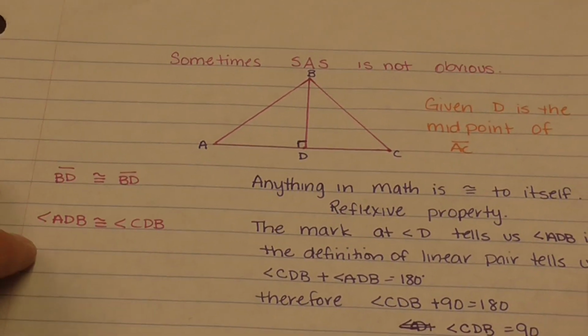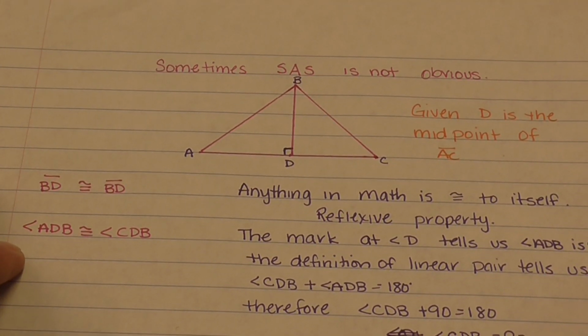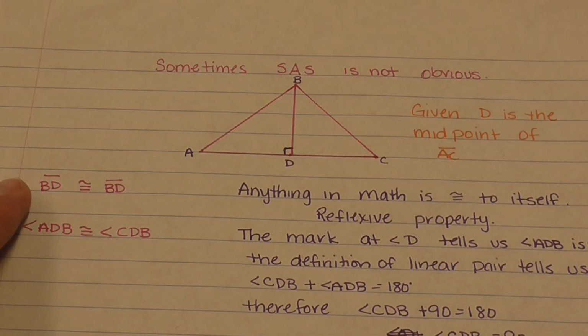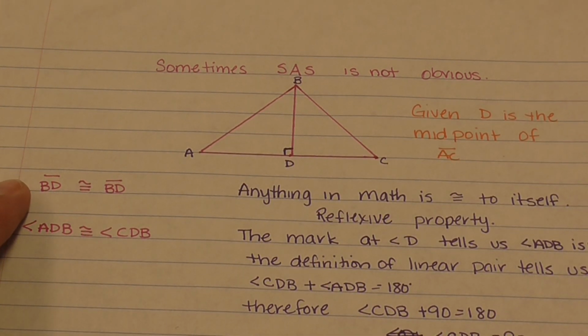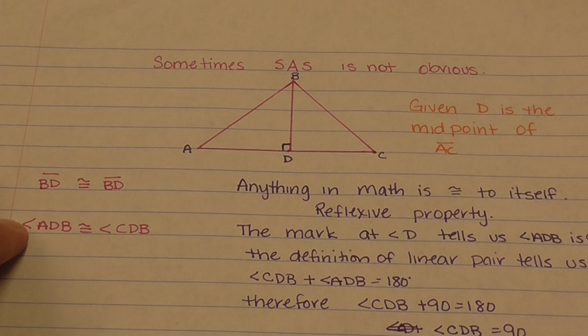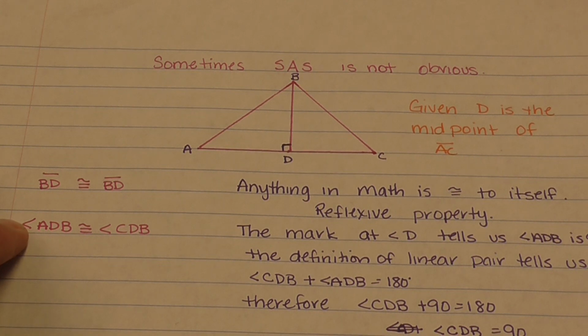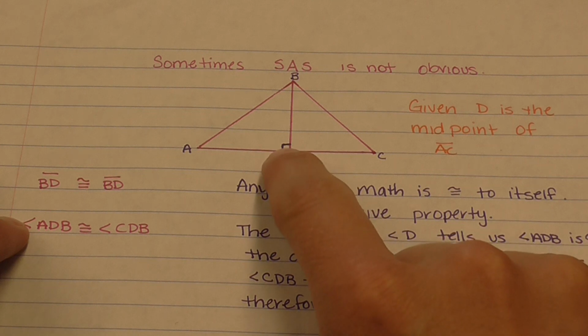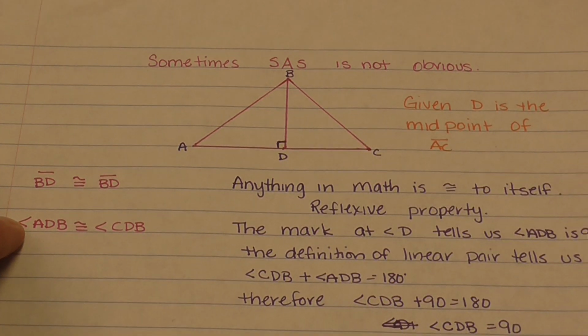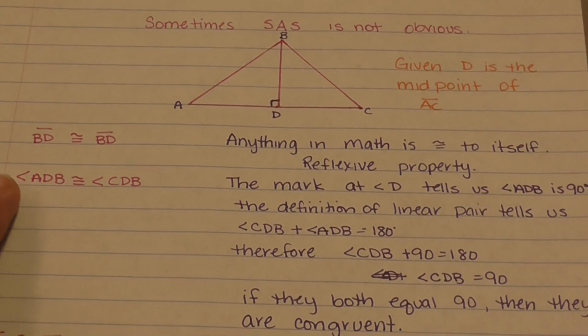So a more complicated version of side, angle, side, given that D is the midpoint of AC. So we'll start with the side BD is congruent to BD. Anything in math is congruent to itself. It's the reflexive property. Alright, angle ADB and CDB. Well, it's shown here that little mark means that that's a 90-degree angle. These two angles are side by side on a straight line, which makes them a linear pair.